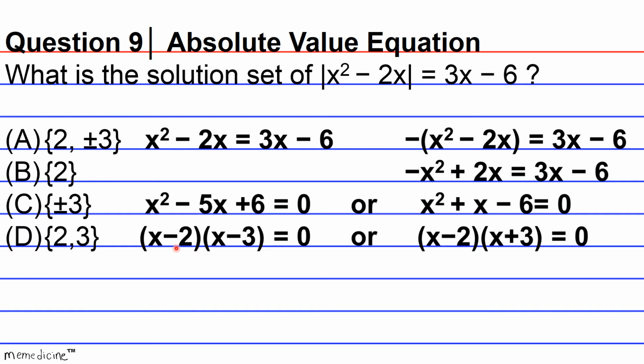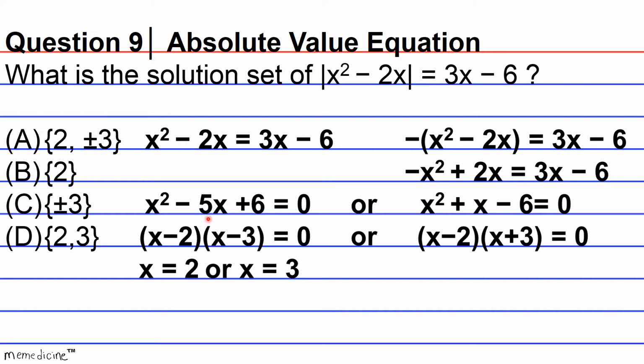So according to this, if we set both factors equivalent to 0, x is equivalent to 2, or x is equivalent to 3. That's because we would have to add 2 on both sides of the equal sign to yield 2, or we would have to add 3 on both sides of the equal sign to yield 3.